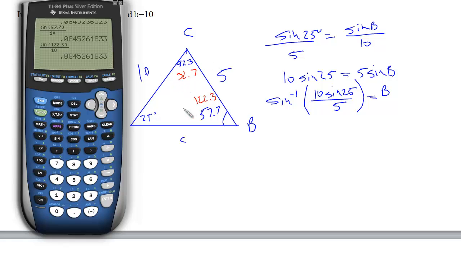So let's continue on and find the missing side length, or the potential side lengths for C. So again, I have the sine of, switch colors here, sine of 25 degrees over 5. I'm going to continue to use that because that was the given information. And I'm going to compare that to the sine of, well, we're in red, so we'll start with the 32.7, compared to C. Cross multiply.